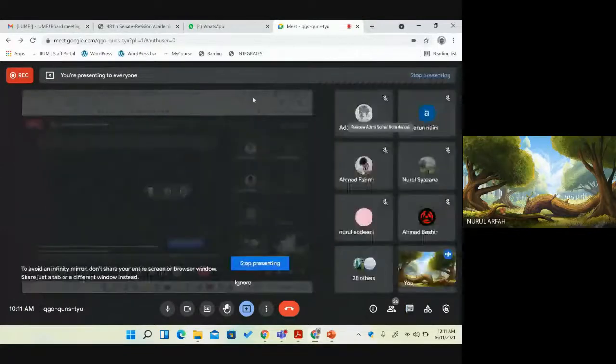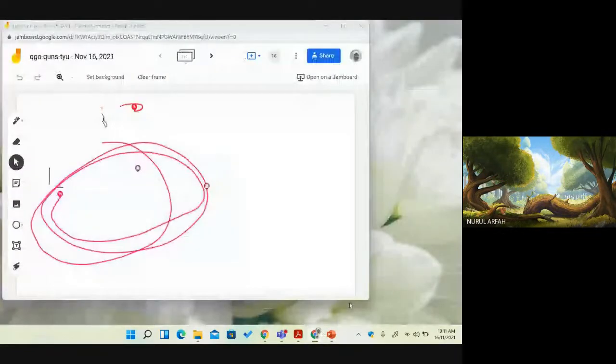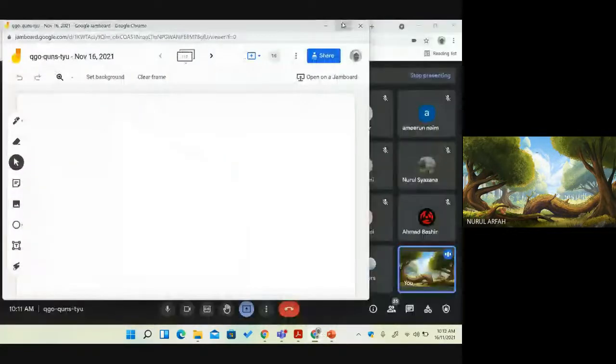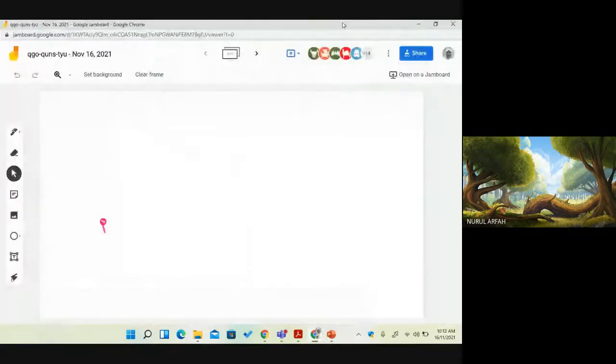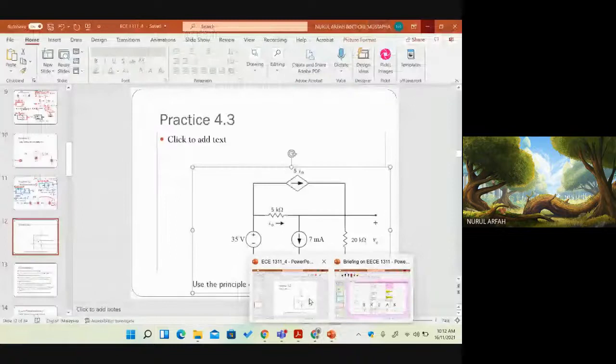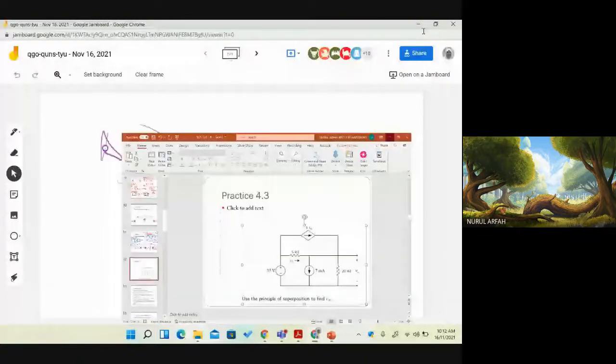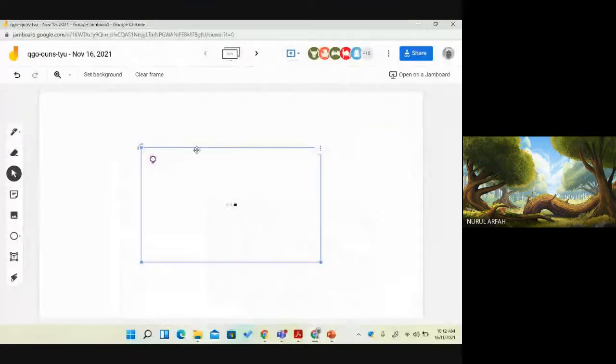I hope everyone has joined. Where is the Jamboard? It disappeared. I will paste the thing. Can you paste? Can't. Okay, Control C, then go here, Control V. Okay, good.